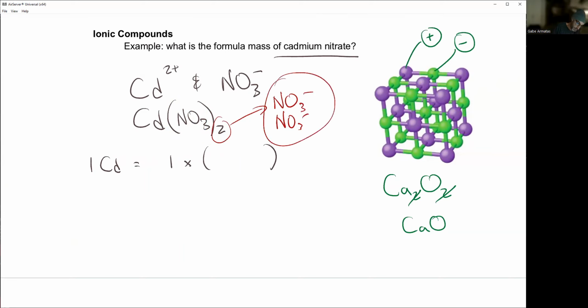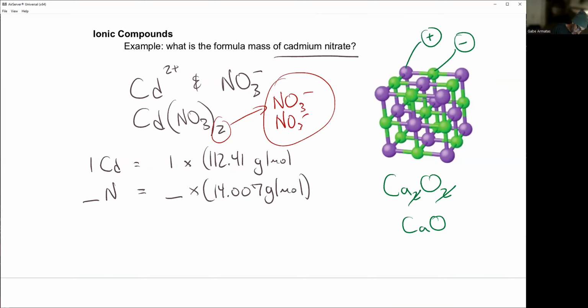So ultimately, how many nitrogens do I have? And this is the molar mass of nitrogen. I'll plug these in, 14.007 grams per mole. And cadmium is going to be 112.41 grams per mole.